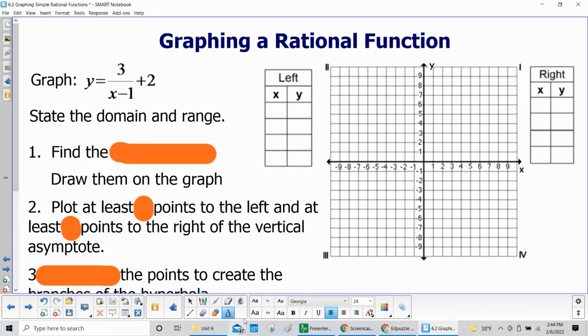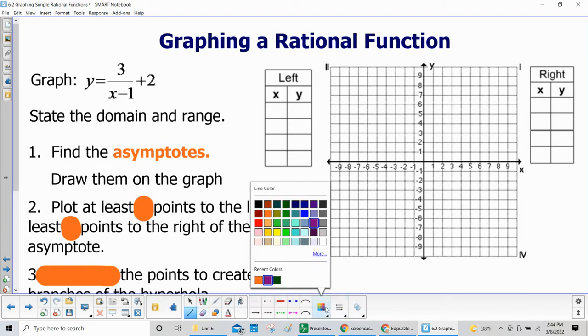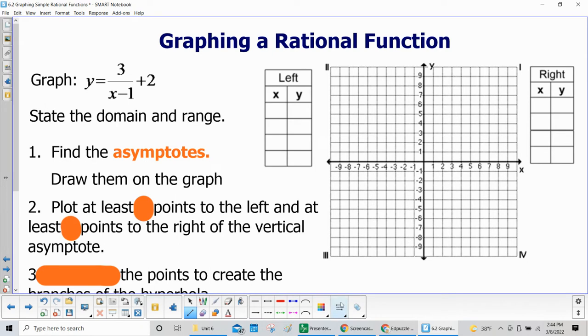So pretty quickly here, looking at the equation, we could probably figure out what our asymptotes are. So that's the first thing. We've got to find the asymptotes, and we're going to draw those on the graph. So I have a vertical asymptote, and it looks like it's going to be x equals 1.